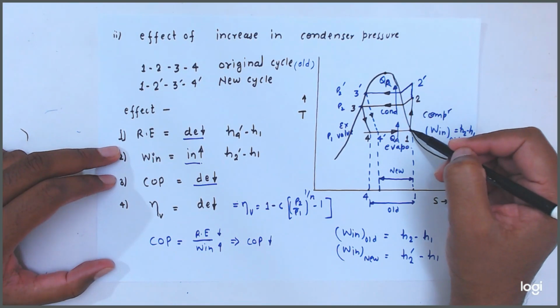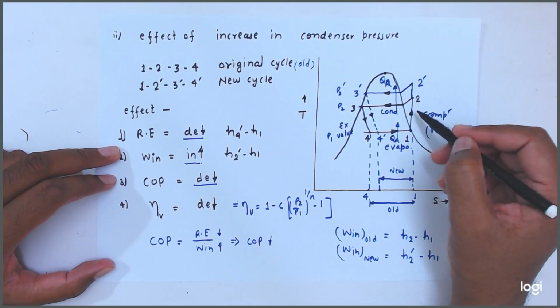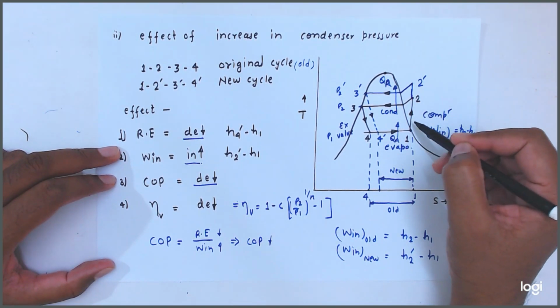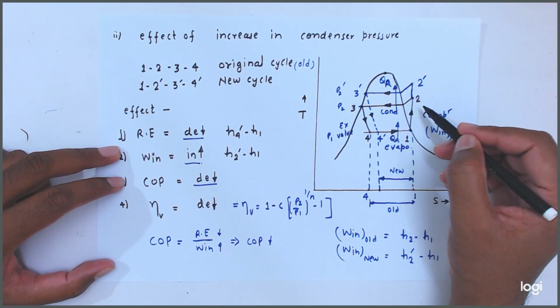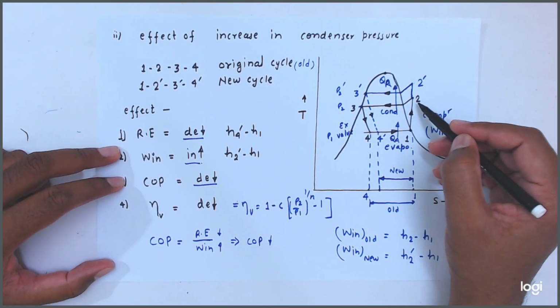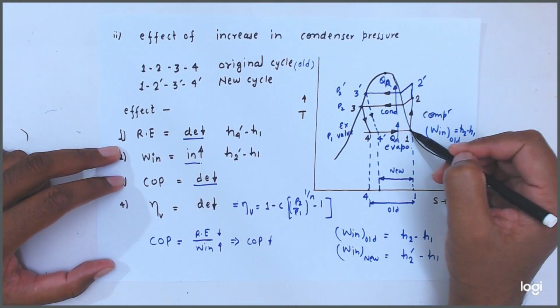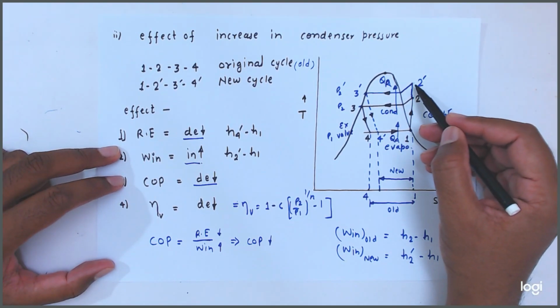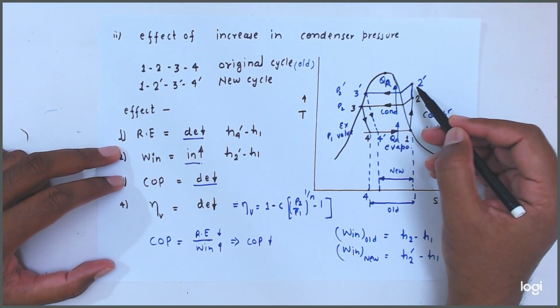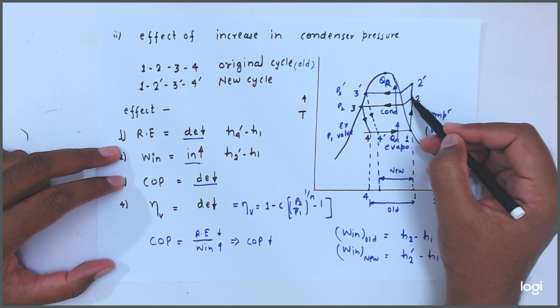Now you see here friends, second point, what is the impact on power? See here friends, in the original cycle the work input is enthalpy at point 2 minus enthalpy at point 1. So H2 minus H1 is the work input in the original cycle. Now here you see, the work input in the new cycle has increased because of the increase in pressure.